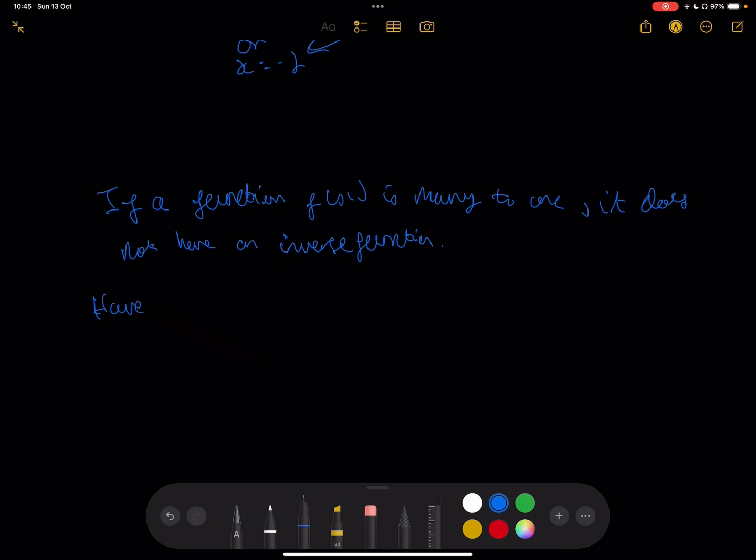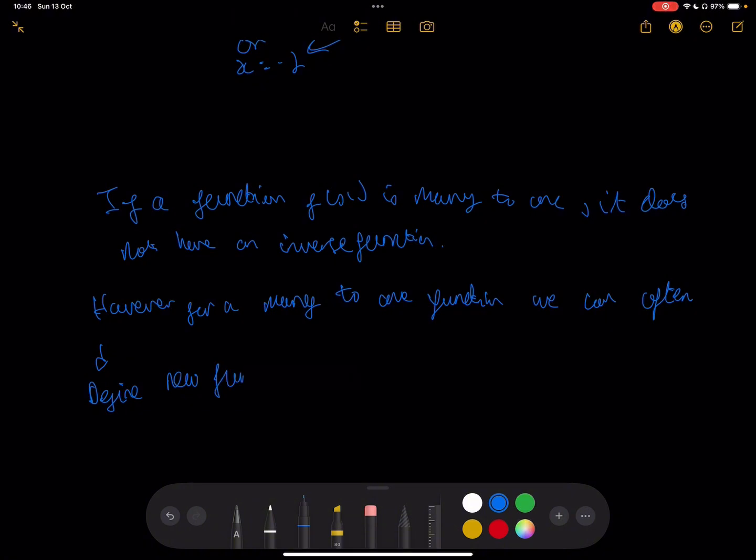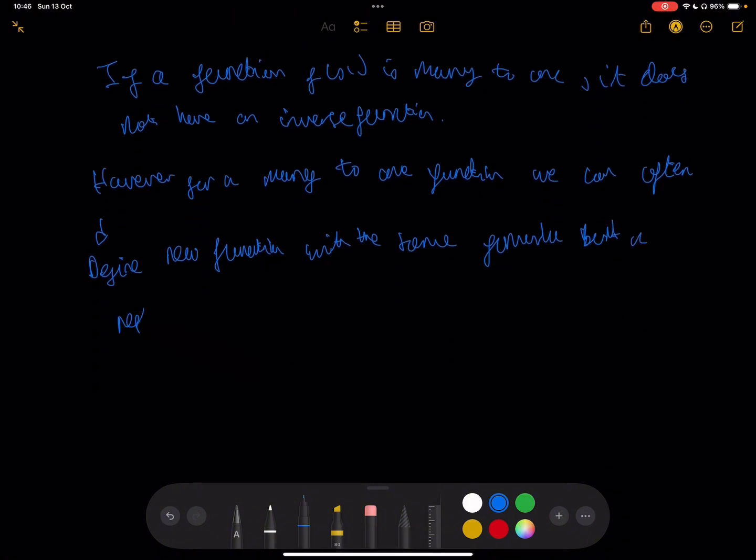However, for a many to 1 function, we can often define a new function using the same formula but with a restricted domain to make it one to one.